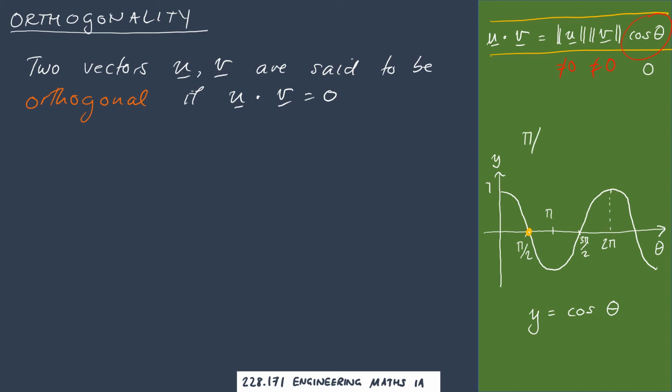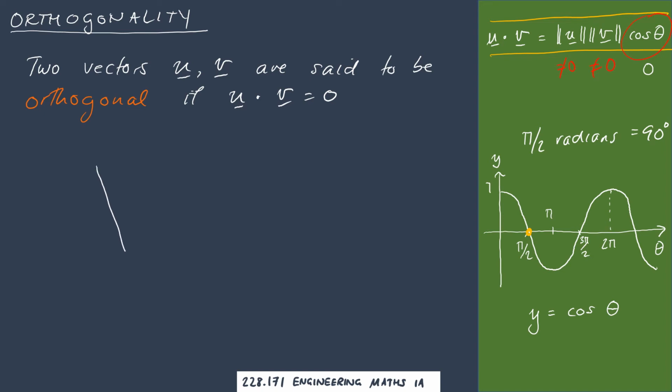So just also remember pi over 2 radians equals 90 degrees. So the meaning that we are to understand from this orthogonality is that two vectors are orthogonal if their dot product is 0, which means that cosine theta must be 0, which means that the vectors must be at 90 degrees to each other.